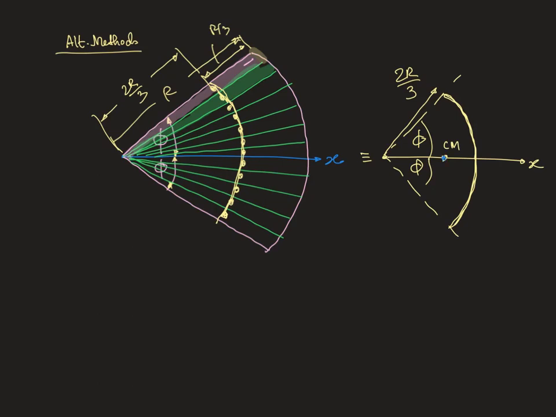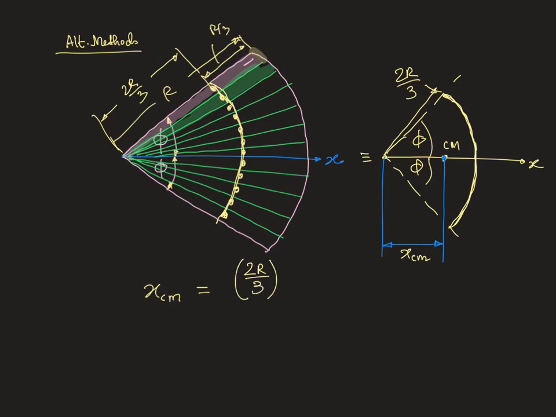So xcm for the disc is same as that for this ring of radius 2R by 3. Now you know xcm is R sine phi by phi.